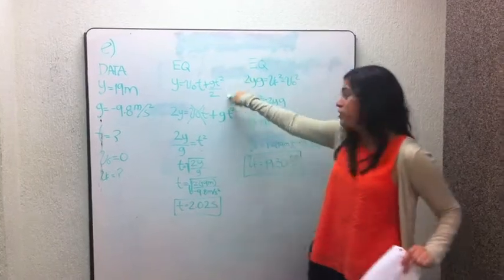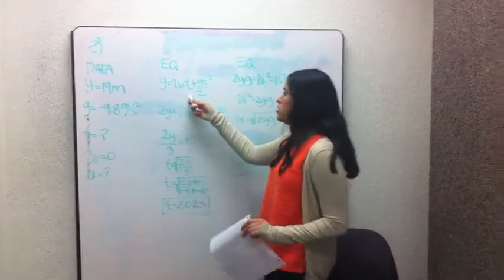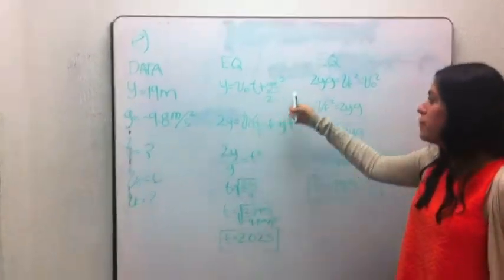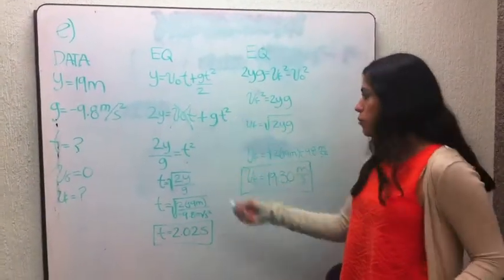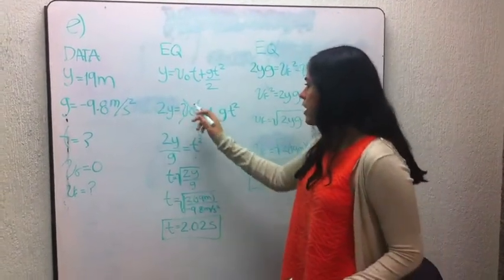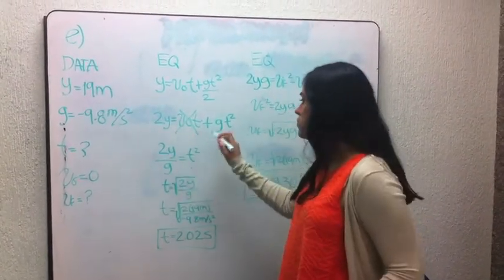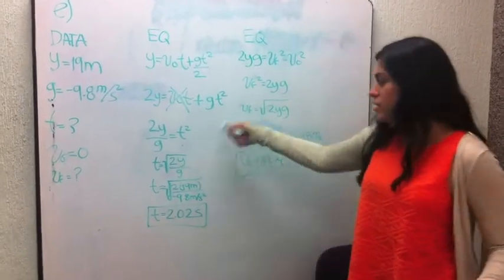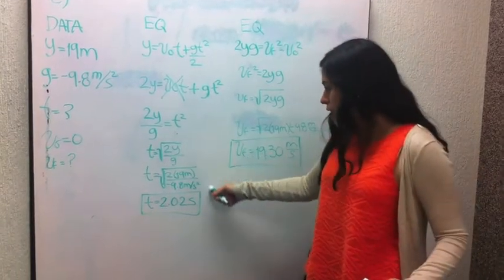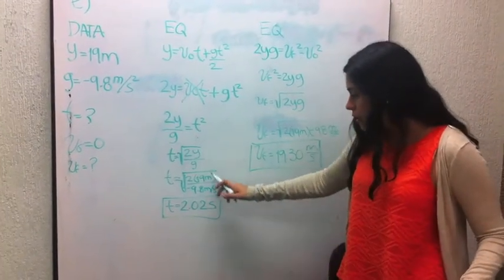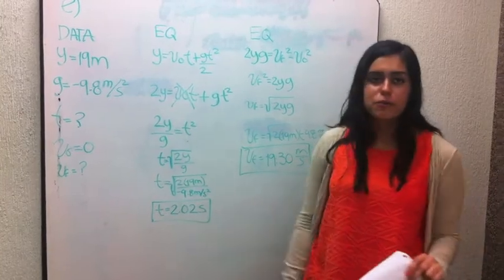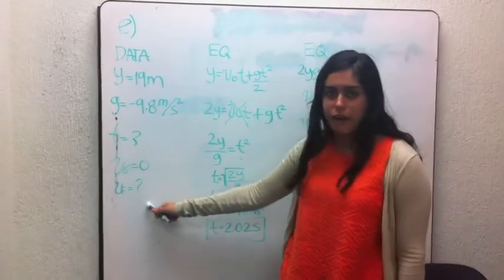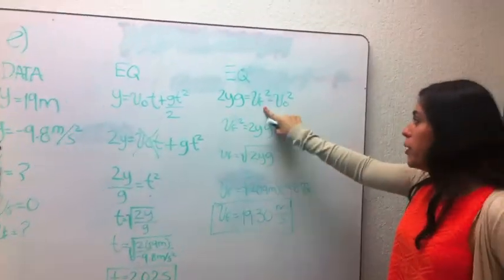So our equation is y equals initial velocity times time plus gravity times time squared over 2. Here we cancel the initial velocity because it's 0. We isolate the time, substitute the values, and we got 12.02 seconds.